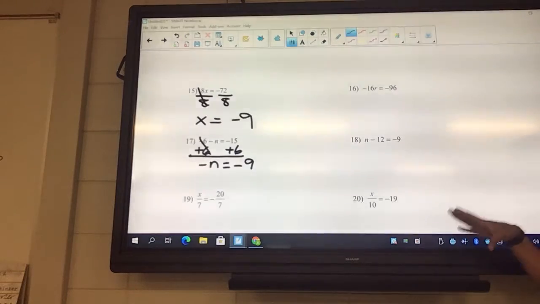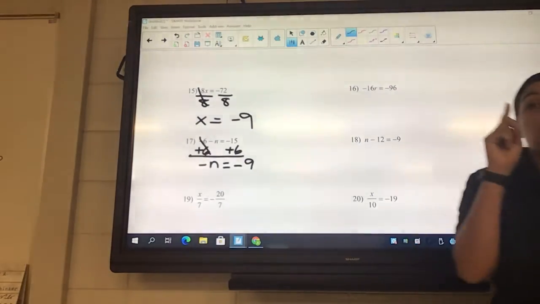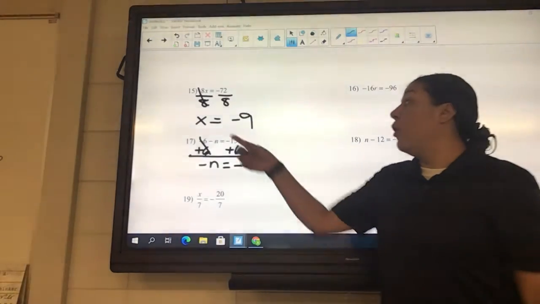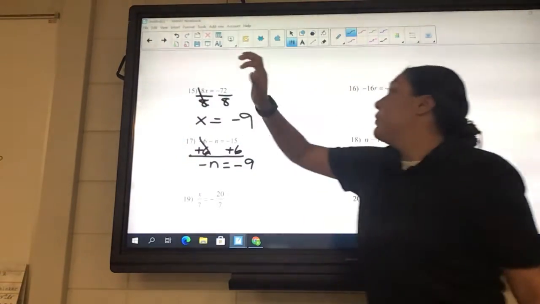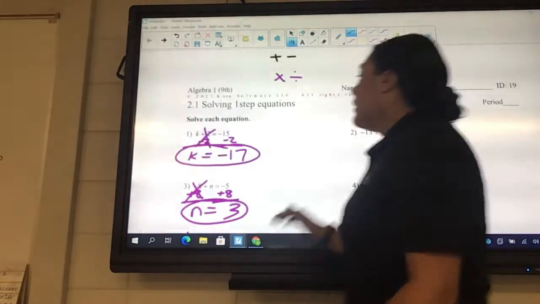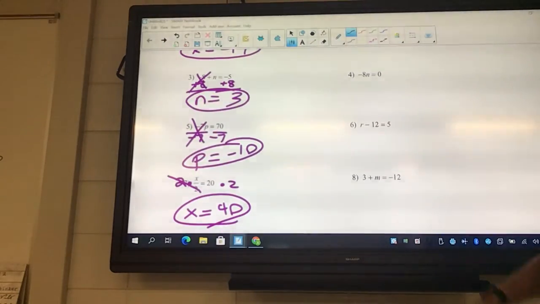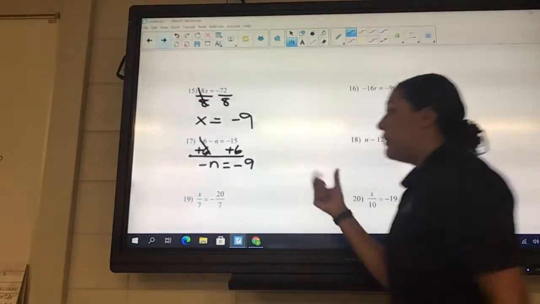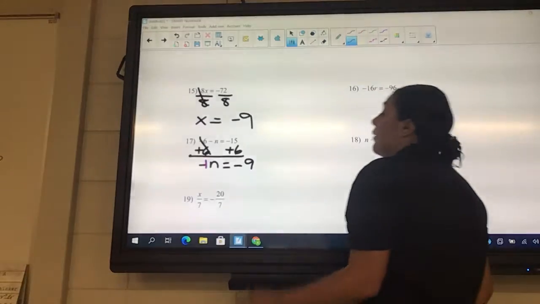Okay, this one, I put it on here intentionally because this is technically a two-step problem. Today we're doing one-step problems, meaning there is one step to do and that's it. But all of these, see how it says x equals. If you look on this other page, it says k equals, n equals. It does not say negative p equals, negative x equals. So you cannot have the negative out there, and there's really a 1 in front of this, right?